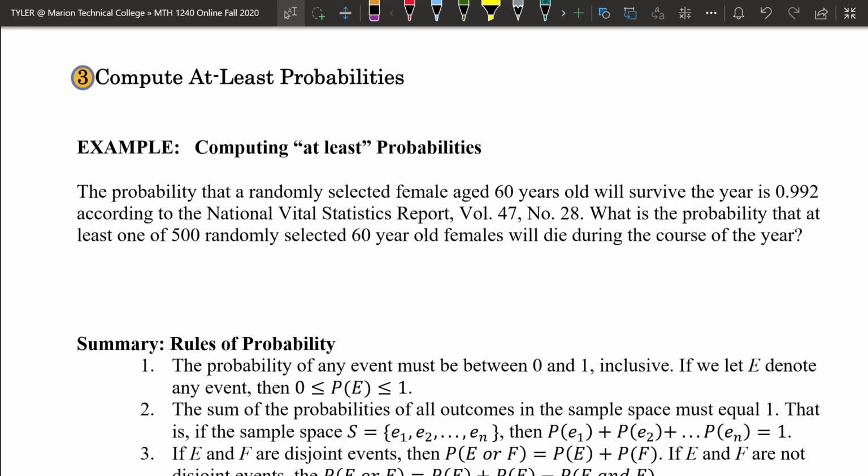Something that's important for you to recognize is that at least essentially means greater than or equal to. So when I say at least one, I mean one or more of the 500 randomly selected females will die during the course of a year.